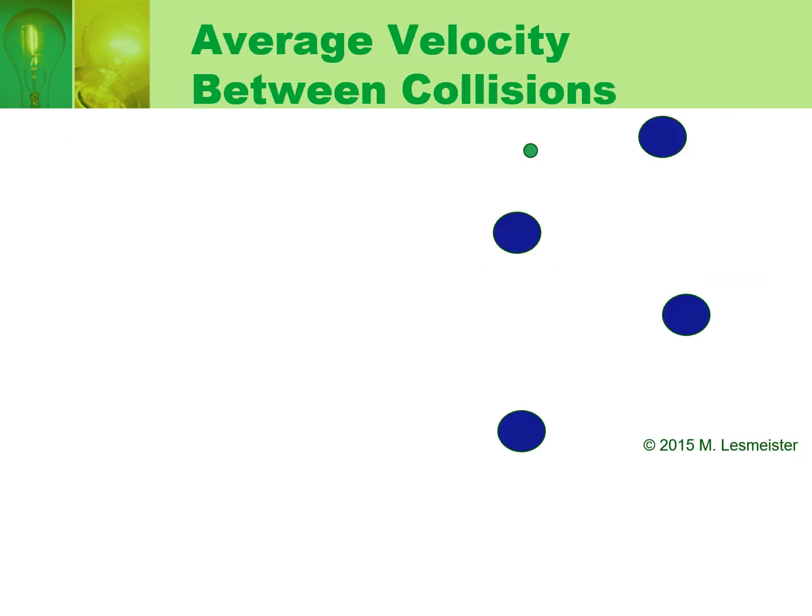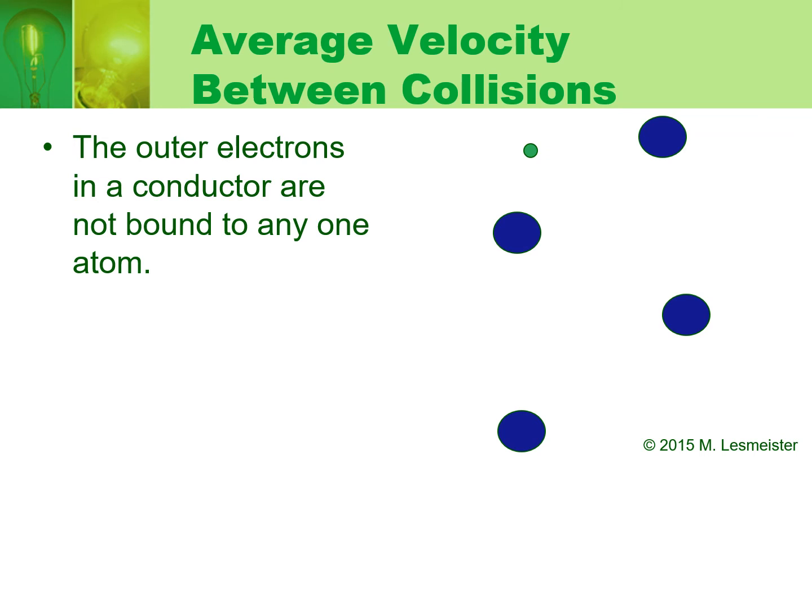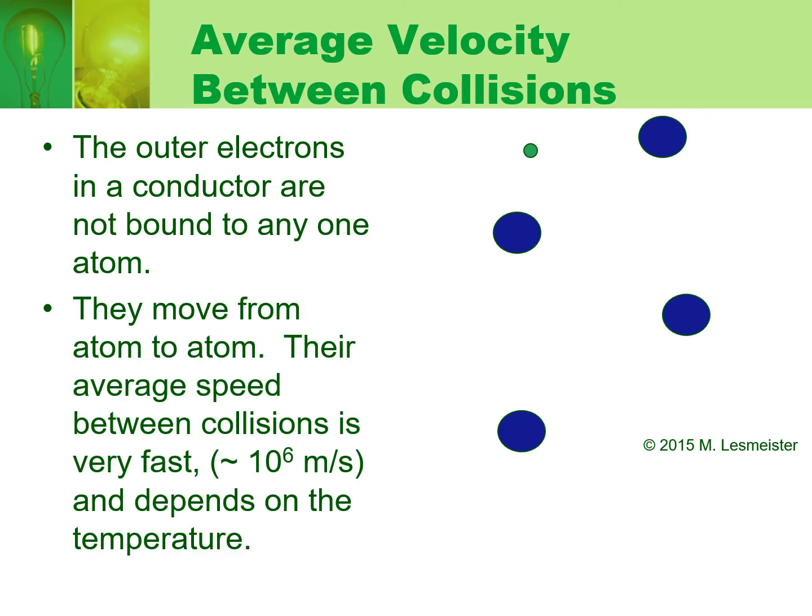So this discussion of charge motion begs the question, just exactly how fast are the charges moving? Well, the charges we're talking about are the outer valence electrons in a metal. They are not bound to any one atom. And they actually move from atom to atom at a pretty high speed, around 1,000,000 meters per second.